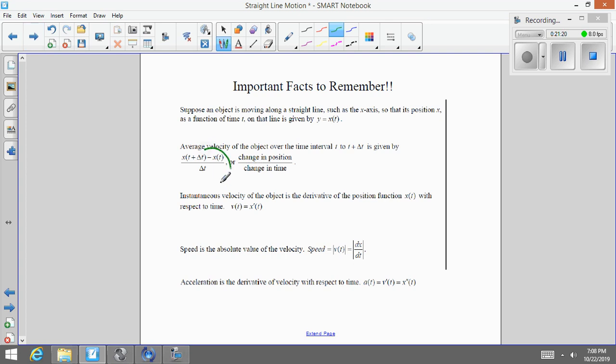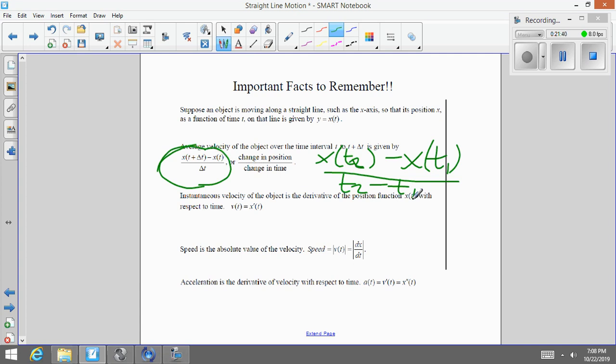Now, I feel like that's a little confusing. I would just remember it as x of t sub 2 minus x of t sub 1 all over t sub 2 minus t sub 1. But it is essentially the slope formula.